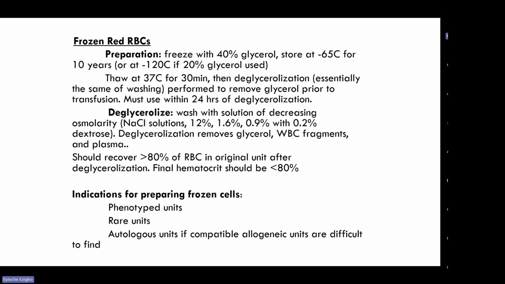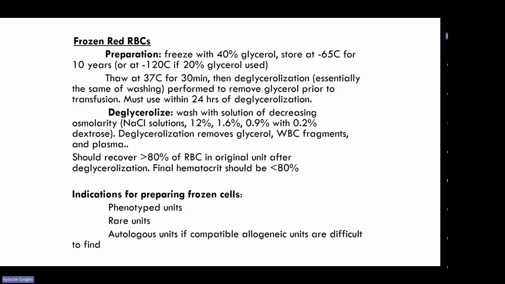Then deglycerolization is performed to remove glycerol prior to transfusion, and must be done within 24 hours. Deglycerolize by washing with solutions of decreasing osmolarity of sodium chloride. These are specialist practices that I don't think we practice here, but red blood cells can be frozen.